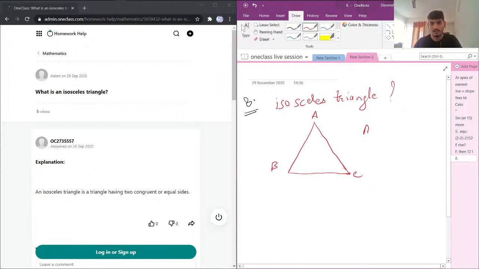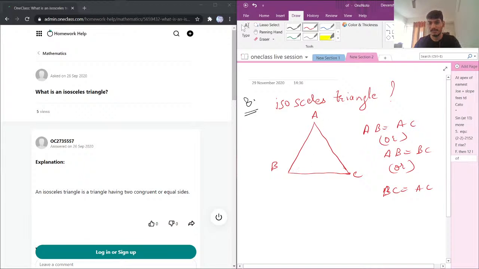So here, if AB is equal to AC, or if AB is equal to BC, or if BC equals AC, then it is an isosceles triangle.